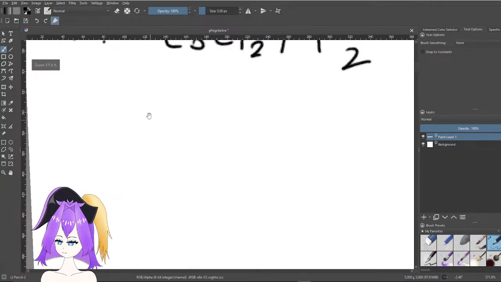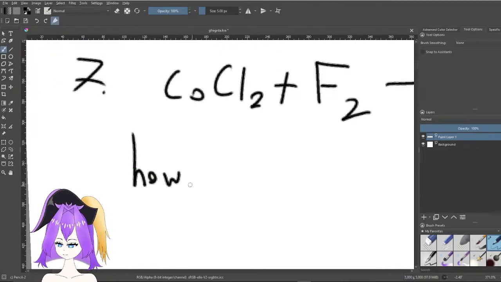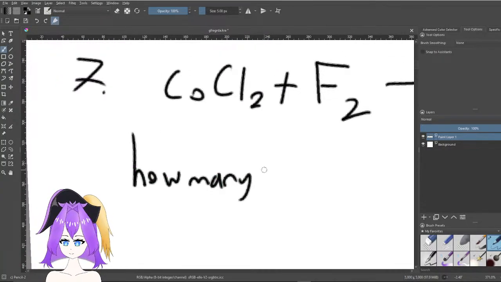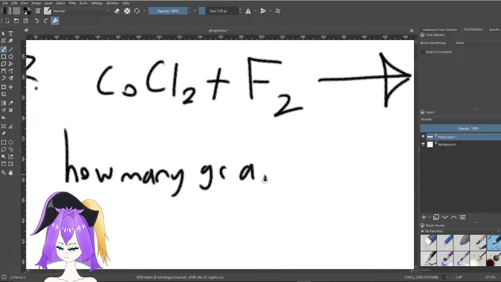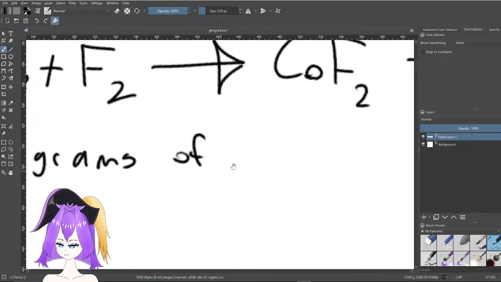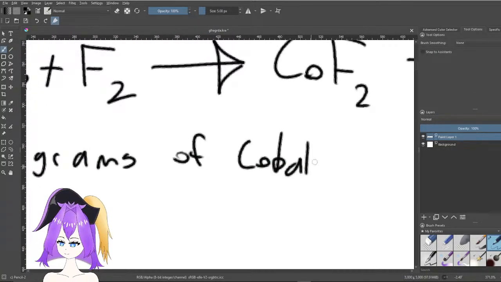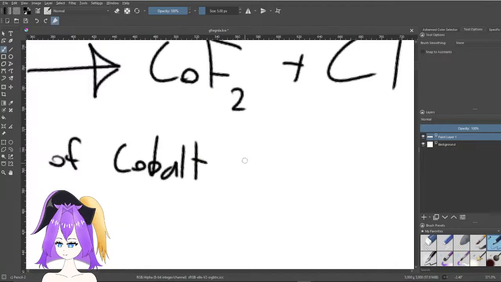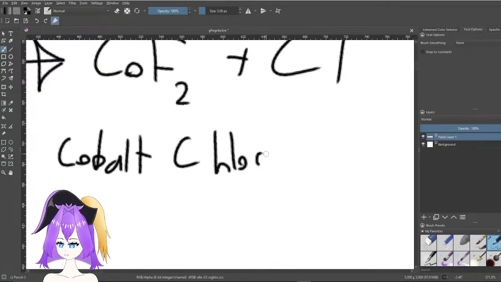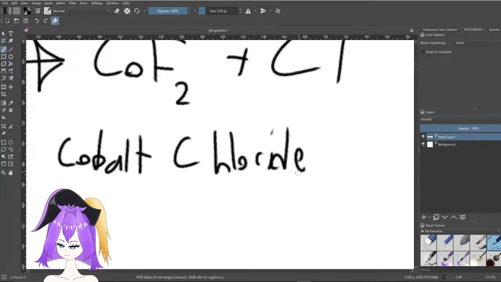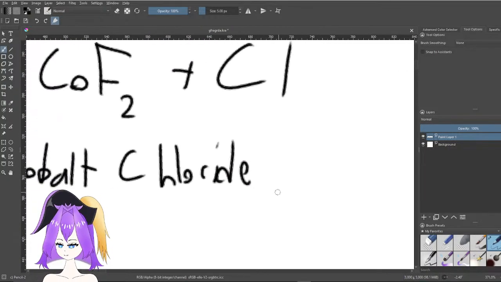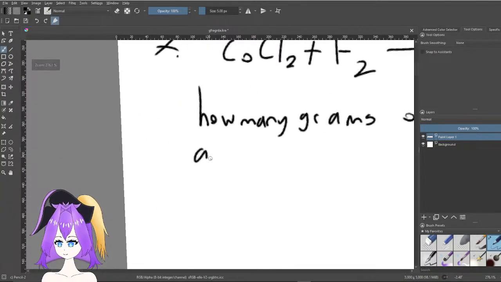So how many grams of cobalt chloride are required?